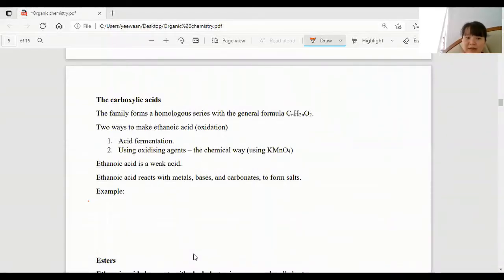Next, carboxylic acids. So the functional group in a carboxylic acid is COOH. So one with just 1 carbon, like methanoic acid, it would only have this carbon then. So HCOOH. Ethanoic acid would have 2 carbons.